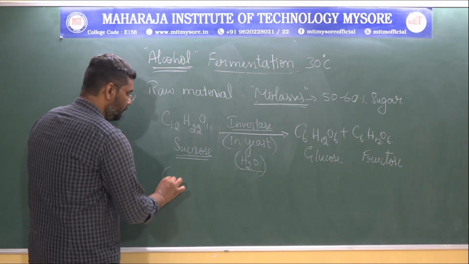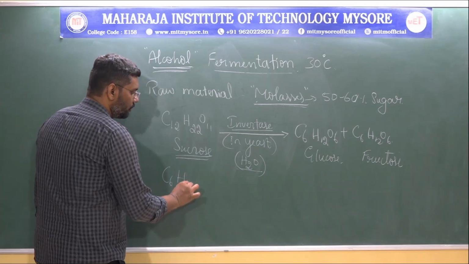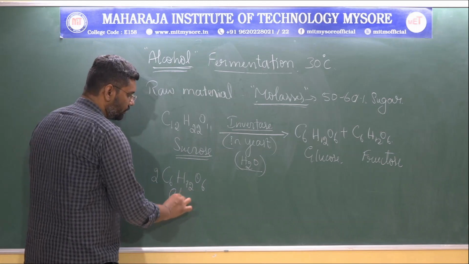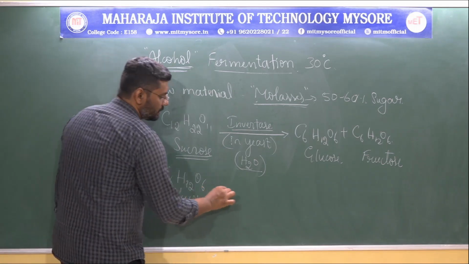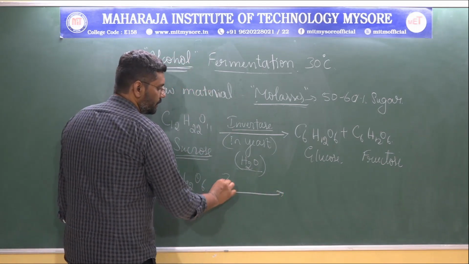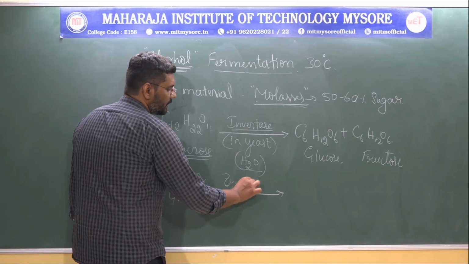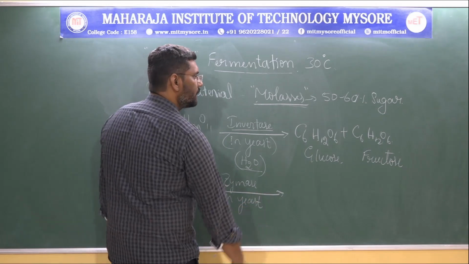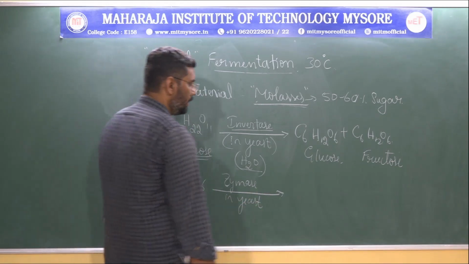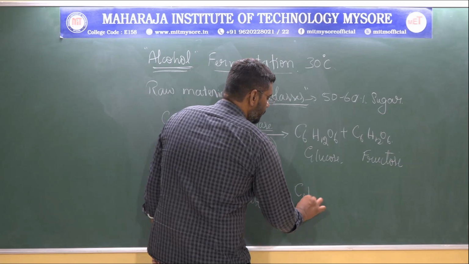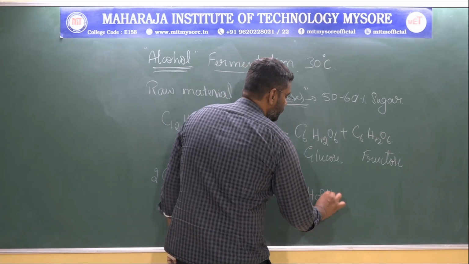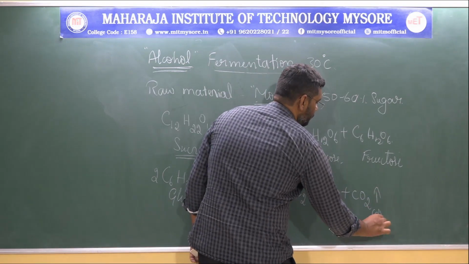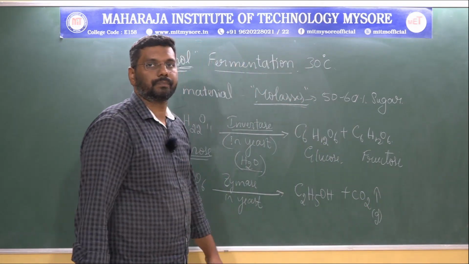Further, we shall consider this glucose and fructose. Two molecules of glucose are further subjected to the fermentation process in the presence of zymase as an enzyme in yeast. This leads to the formation of C2H5OH along with carbon dioxide as a gaseous molecule which is released here.